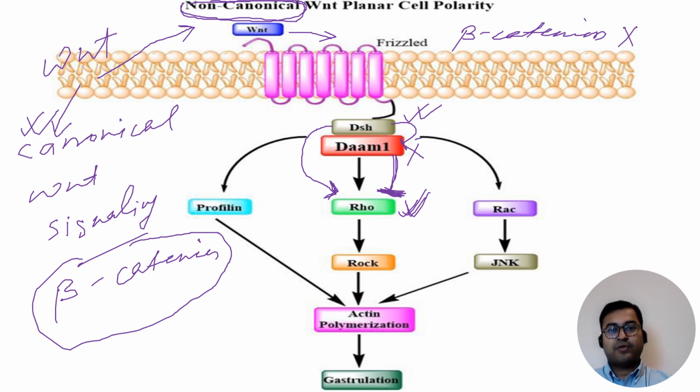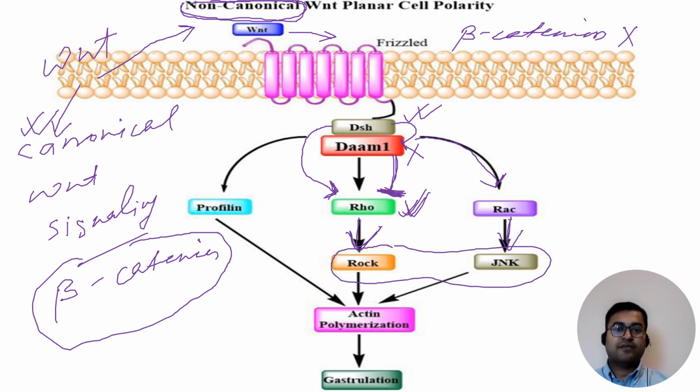Disheveled also activates another protein called Rac. Now this Rac protein is going to activate JNK. Here the Rho protein will activate the ROCK protein, and ROCK and JNK together are going to activate actin polymerization.